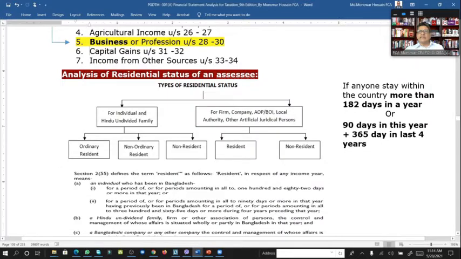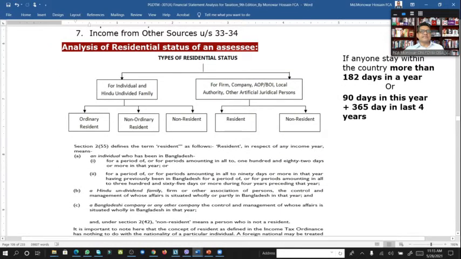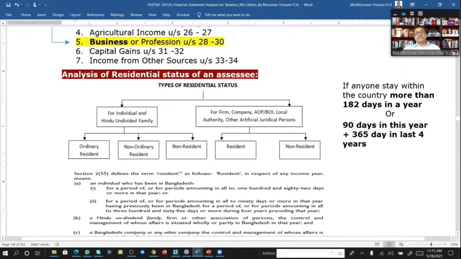Here, you know, is the tax, and also the residential status of an assessee. If you go for taxation of an individual or company, being a tax advisor, you have to think about the residential status.